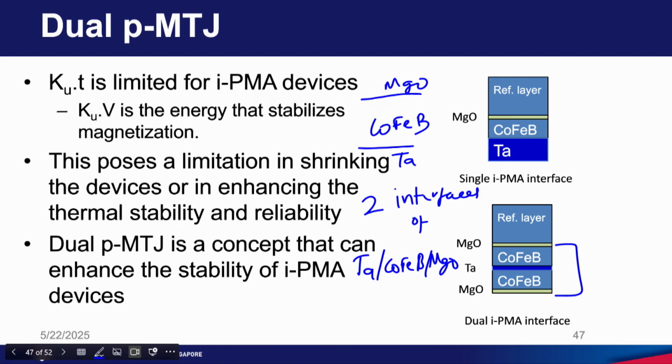By introducing one tantalum layer in the center, okay, we have one tantalum layer here, two cobalt iron boron layers, and we have two magnesium oxide layers.